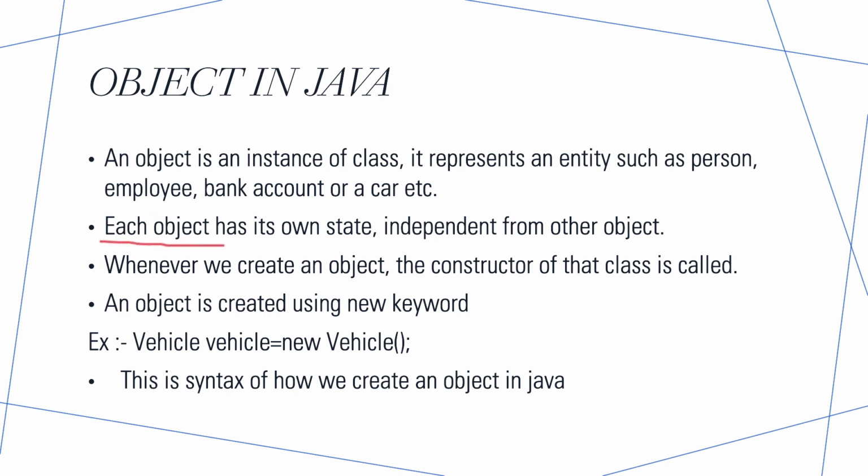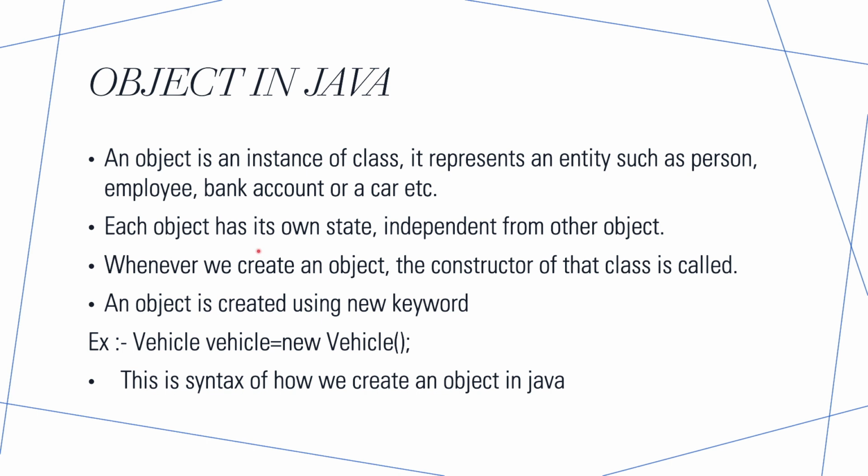Each object has its own state independent from other objects. That means if we create an Employee object named Ramesh and another Employee object named Suresh, both the objects are independent of each other because they have their own state. One object has its own state by having the name Ramesh, and the other has the name Suresh.